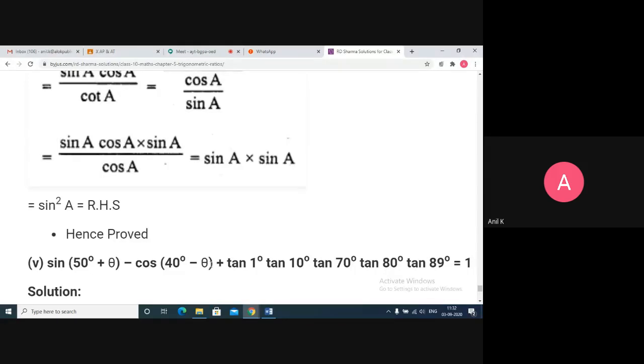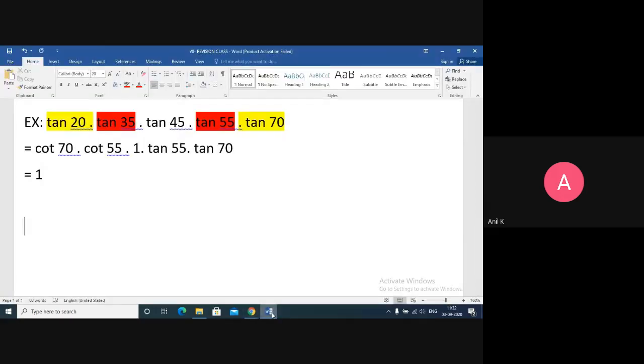I will also copy sin 50 plus a. Let me also copy this example. Sin 50 plus a minus cos 40 minus a.